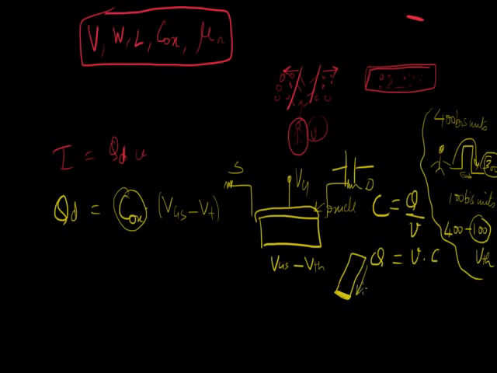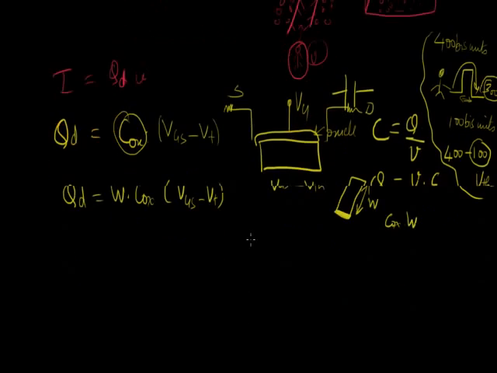For the entire channel which has a width of W, your capacitance is going to be times the width. Okay? So let's say QD is W times Cox times VGS minus VT. We already have a lot of terms. If you look at the terms that you wanted to get for our current equation, we already have a few. It's amazing. Okay? So we'll come back to this.